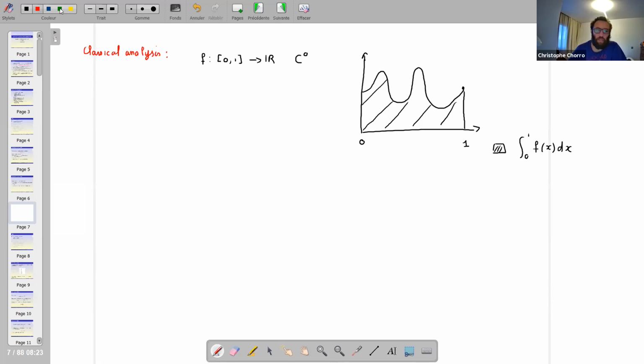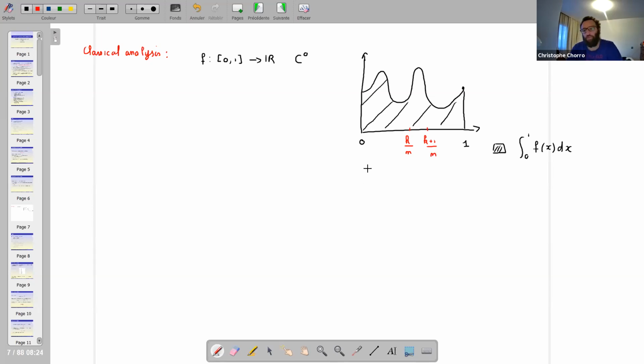In order to approximate, we are going to use first a discretization of the interval 0,1. So we are going to consider a regular discretization, let's say of step size 1 over n.